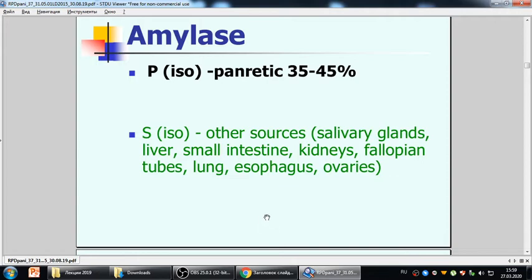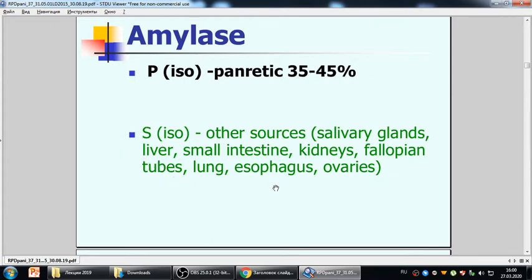So you should know that amylase has other sources, not only pancreatic amylase. There are two kinds of isoforms, P isoform and S isoform. The P isoform, pancreatic, is about 35 to 45%. The S isoform has other sources such as salivary glands, liver, small intestine, and kidneys, and during damage of these organs, especially salivary glands and liver, the level of S amylase may also increase.